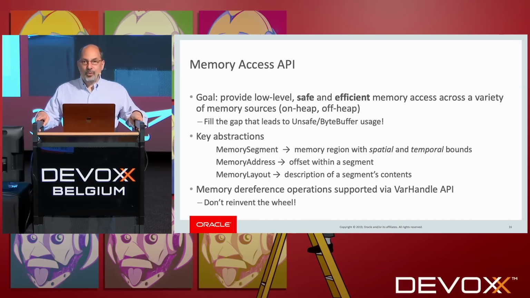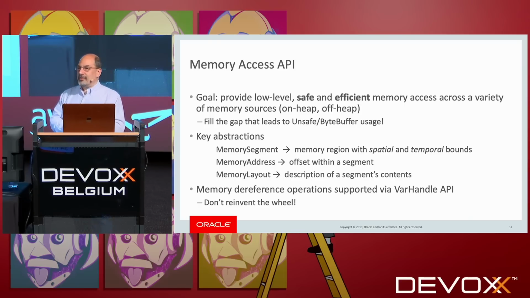And by safe, what we mean is no VM crashes. You shouldn't be able to dereference the wrong pointer and have that cause a seg fault. So ideally, we would like it to be not only more efficient than ByteBuffer, but more attractive to use so that people will be happy to migrate to it.